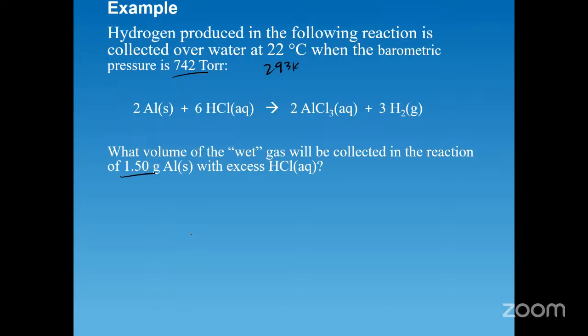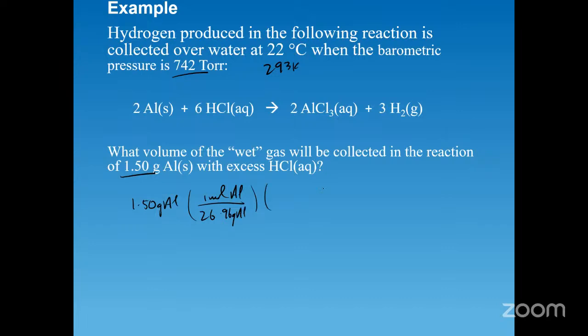All right, so how would we do this? What I will do first is start off with the 1.50 grams of aluminum and convert that to moles. So I'm going to have 1 mole of aluminum above, and the molar mass of aluminum is 26.96 grams of aluminum.